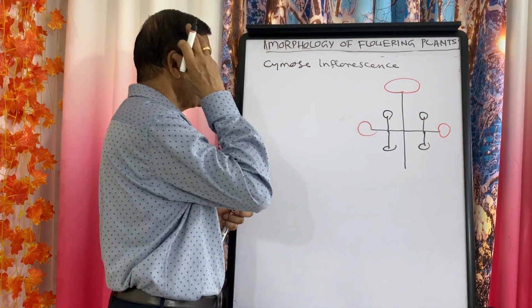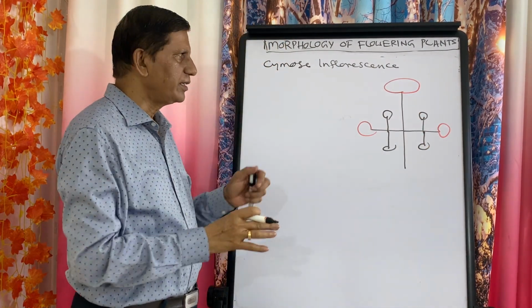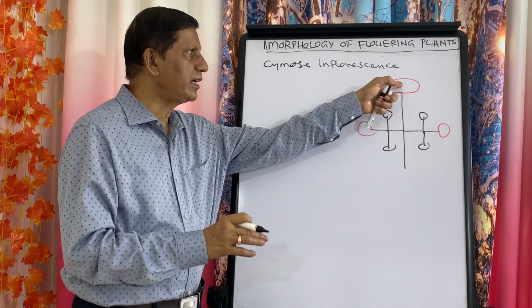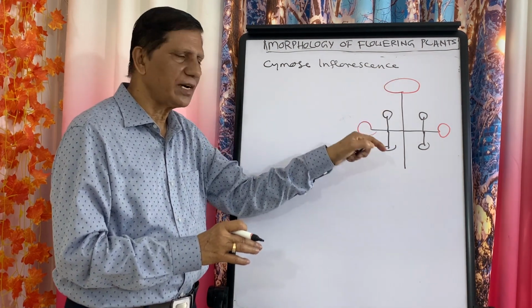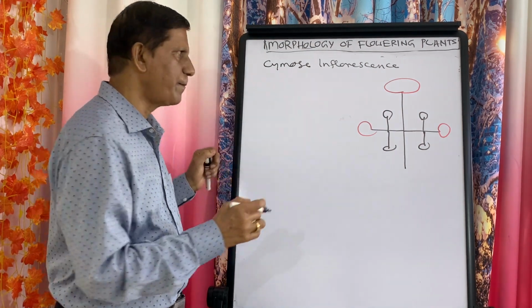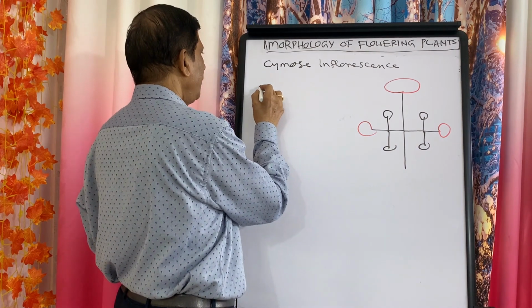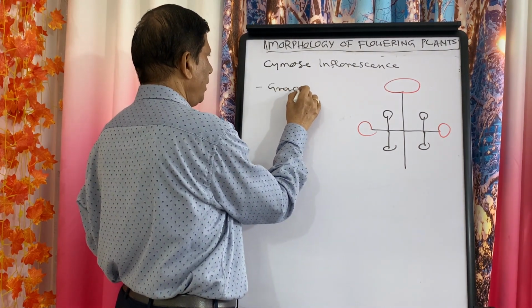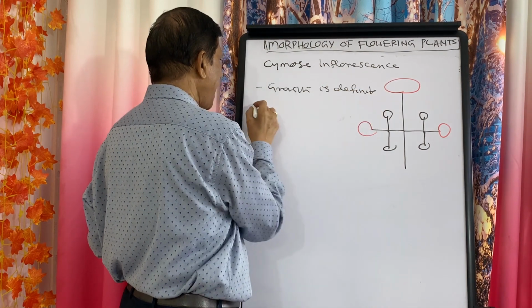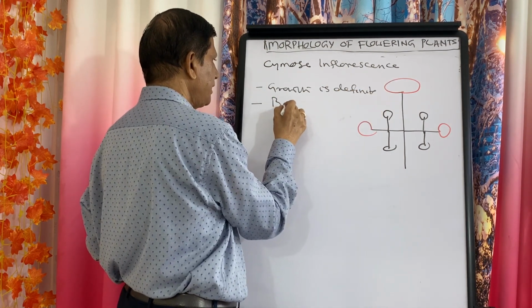That means in cymose inflorescence, the growth is definite, and the old flower is at the apex, while the young ones are at the base. That means the arrangement of the flowers is basipetal. So here the growth is definite. Arrangement of flowers is in basipetal succession.